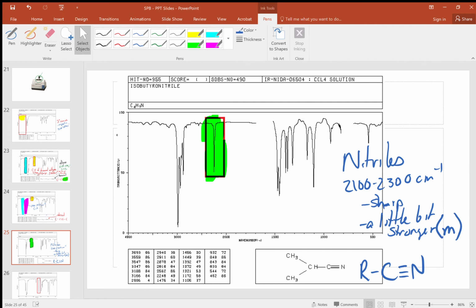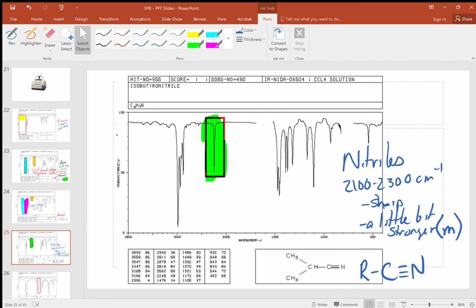This nitrile that we have here is 49%, so almost identical. How do we tell them apart? Well, this is a good illustration of why IR alone isn't enough. And so once we would go to an NMR spectrum, whether it's a proton NMR or a carbon NMR, that will give us more information about whether we have a nitrile or an alkyne.